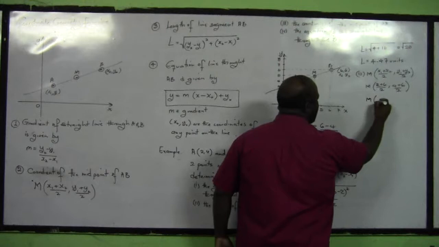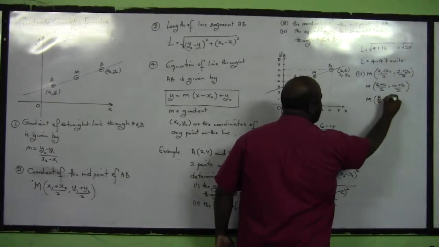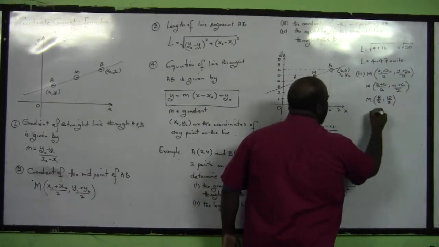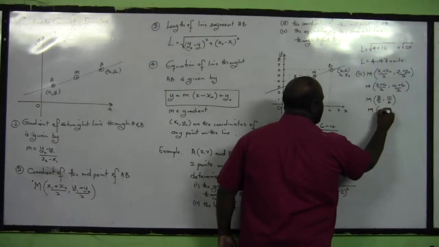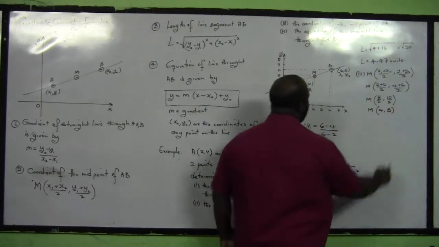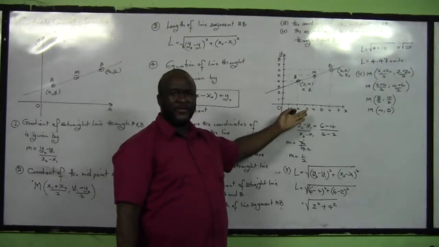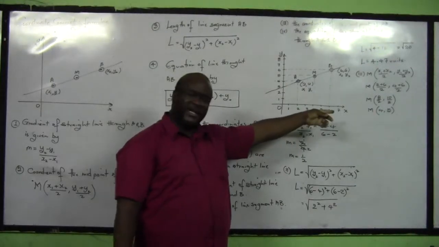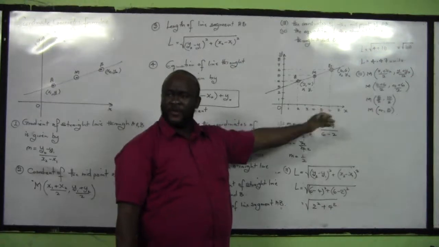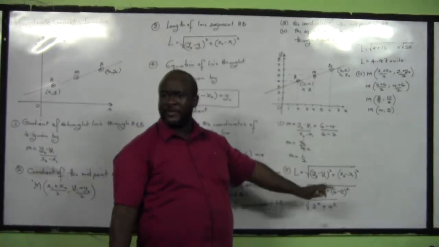So M would be 8 over 2, 10 over 2. M would be the point (4, 5). By inspection, what is the midpoint? By calculation, what is the midpoint? So everything seems to be good so far.